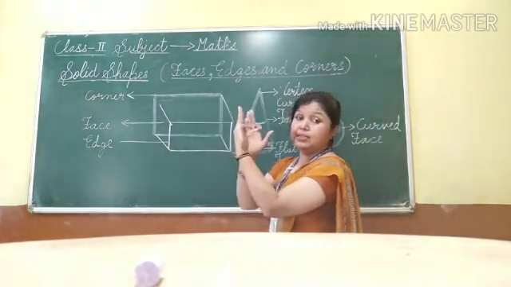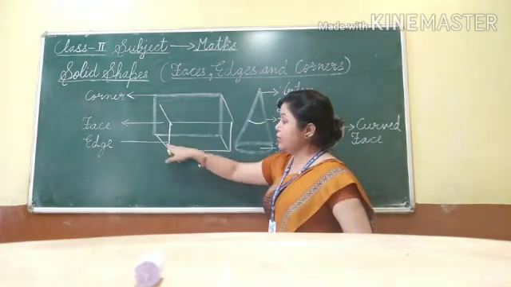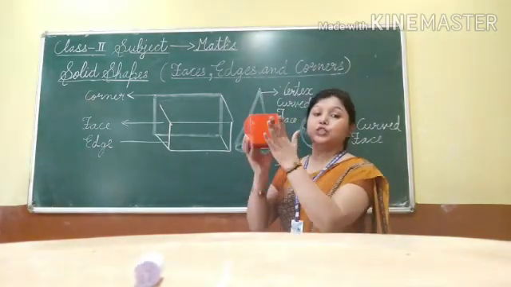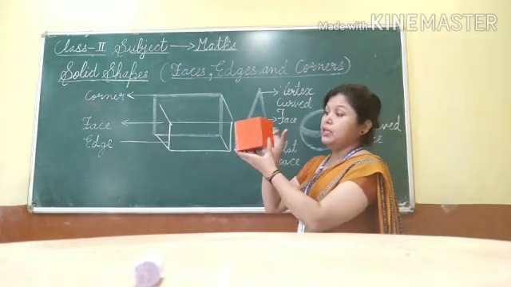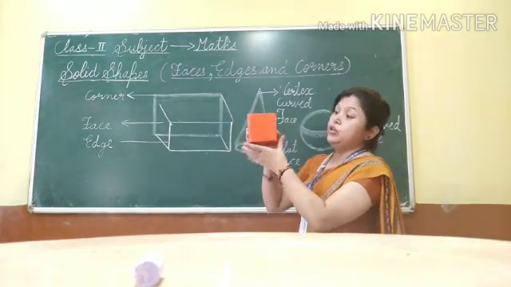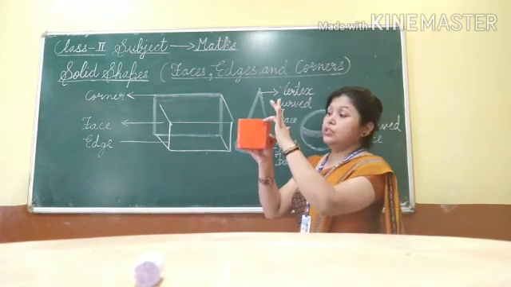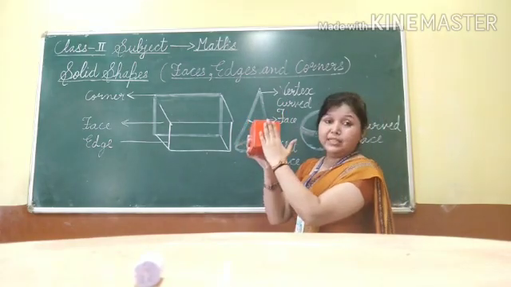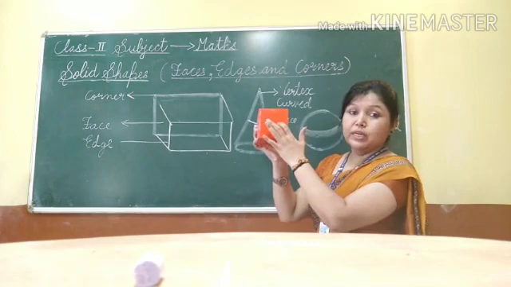When faces join like this, they are known as edges. I can make you understand in this shape. You can see, it's a solid shape. It's a cube. You can see one line, two line. So this is a corner. And you can see a face of a square.